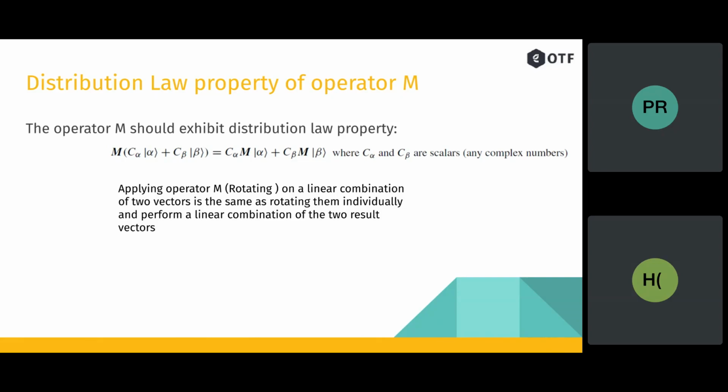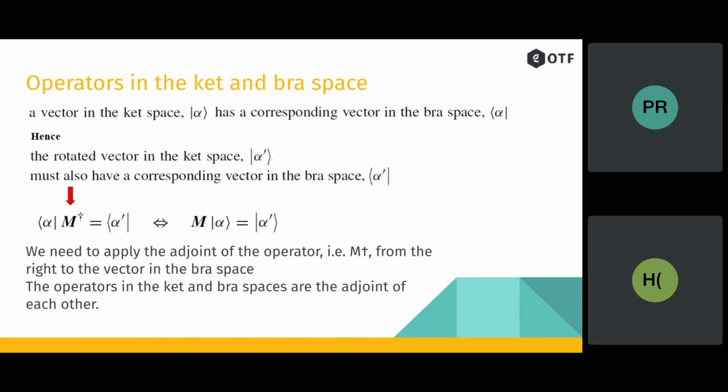So the distribution law applies: A into B plus C equals AB plus AC. That is applicable here. M into C alpha ket alpha plus C beta ket beta is equal to C alpha M ket alpha plus C beta M ket beta. Next.